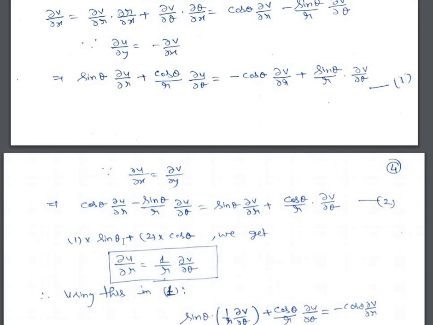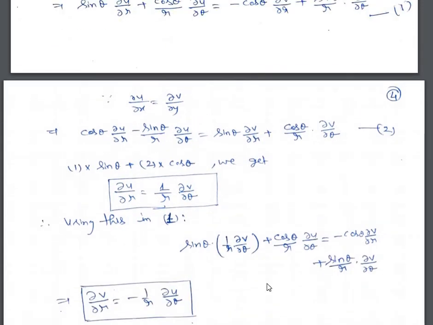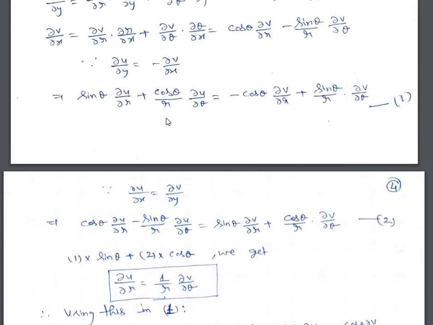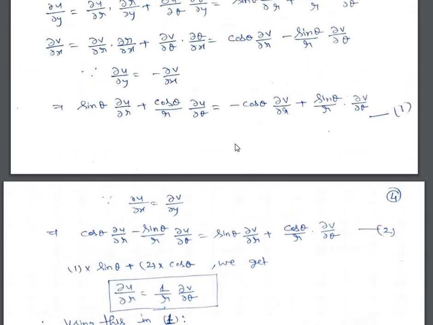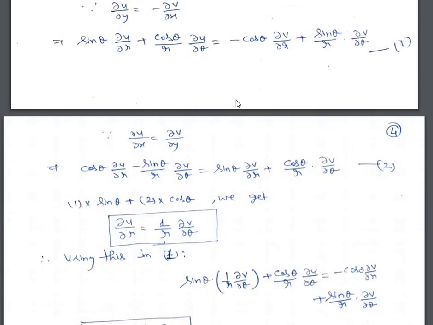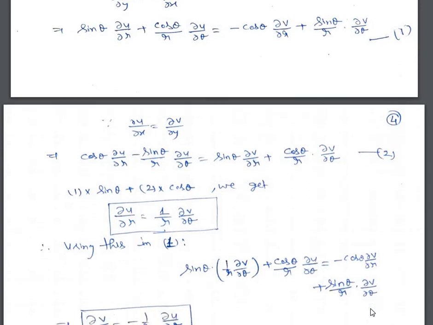Now put the value of del u upon del r is equal to 1 upon r del v upon del theta in equation number 1. So we have sin theta into value of del u upon del r is 1 upon r del v upon del theta plus cos theta upon r into del u upon del theta, as it is minus cos theta del v upon del r plus sin theta upon r del v upon del theta.